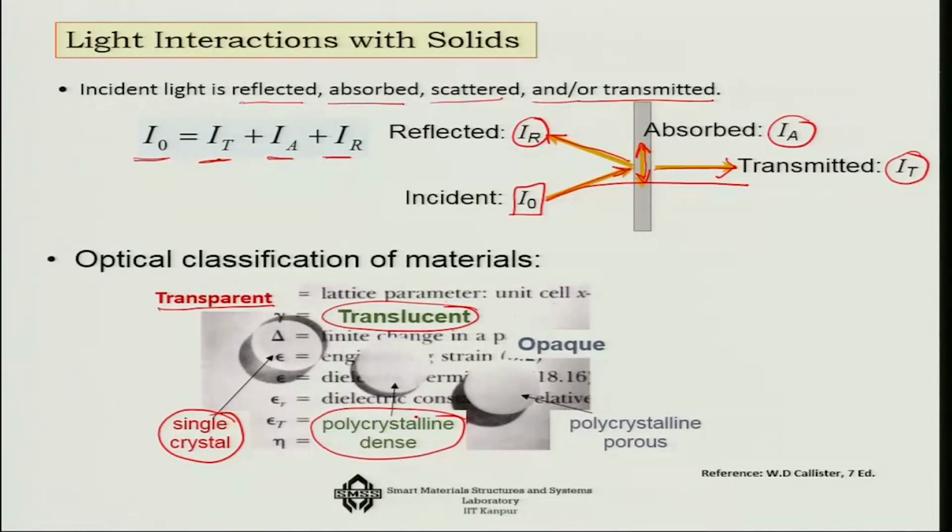And sometimes we say that it is opaque, which means that transmission does not occur. The light is absorbed and may be partly reflected back, like polycrystalline porous materials. Thus different materials can have different optical properties based on whether they allow the light to pass through, absorb the light, or reflect the light.